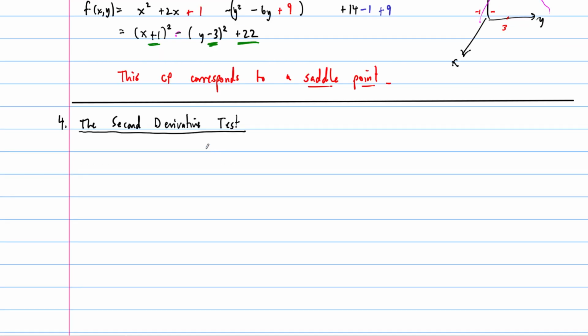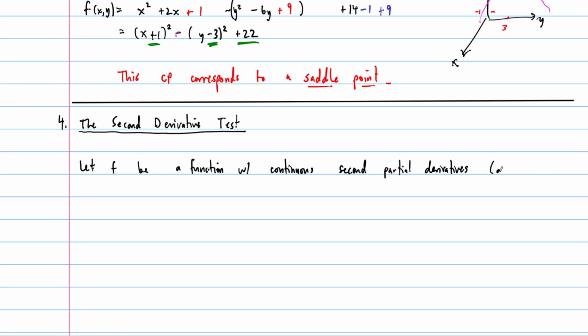Like I said, before I state the second derivative test as a theorem, I want to define some new functions here. So let f be a function of two variables with continuous second partial derivatives. Once you hear continuous second partial derivatives, you should automatically be thinking about one of our favorite and most important theorems.